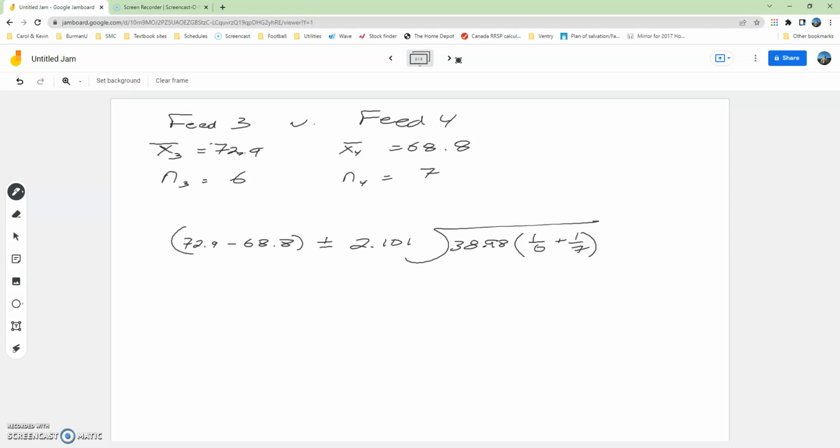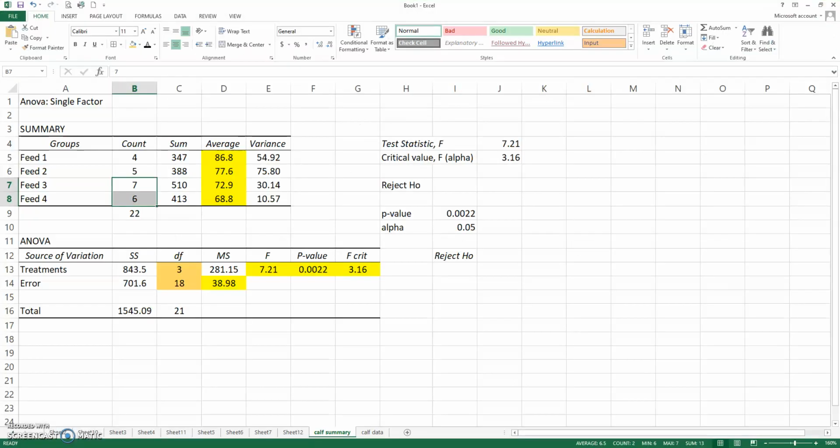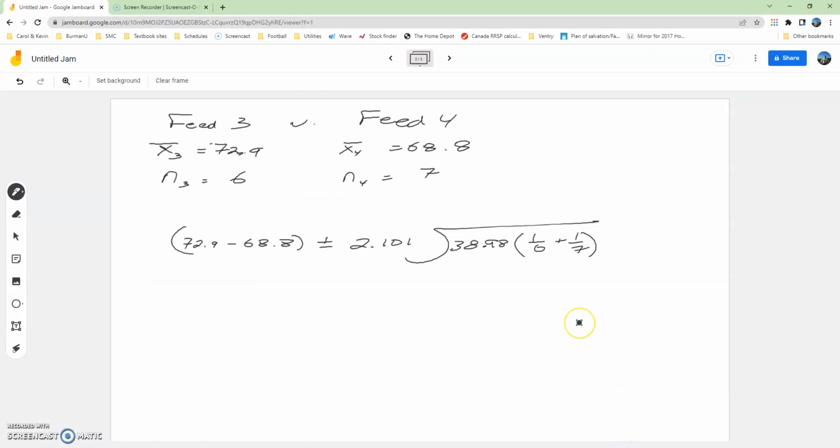Making sure I got those numbers right. Let's just make that 7 and this 6. It won't make any difference here, but let's just be consistent. So this is 1 over 7, 1 over 6. So now we can carry out this calculation.